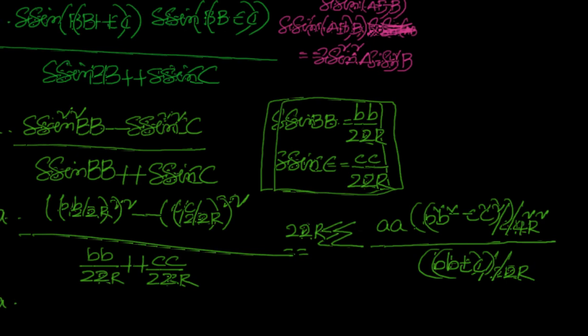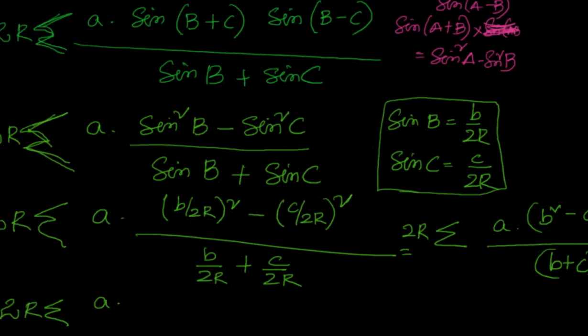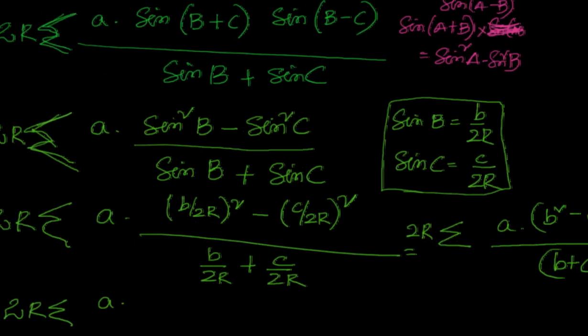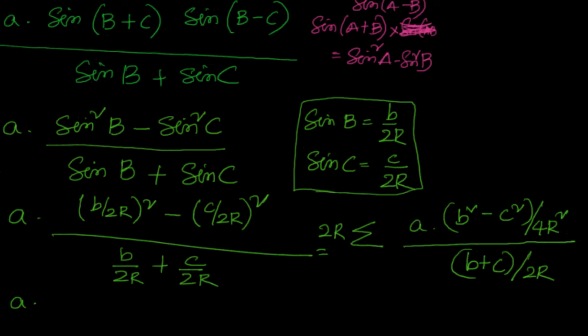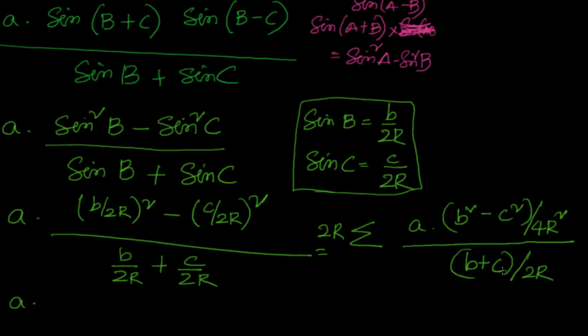That's nothing but equal to sigma. I'll bring 2r also inside, into a into b minus c into 2r by 4r square. This cancels out. You will have sigma of a into b minus c. That's nothing but equal to 0. Why?